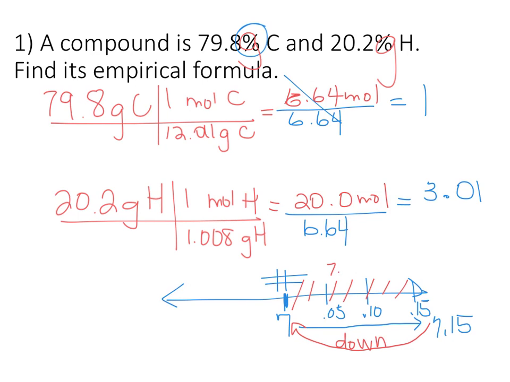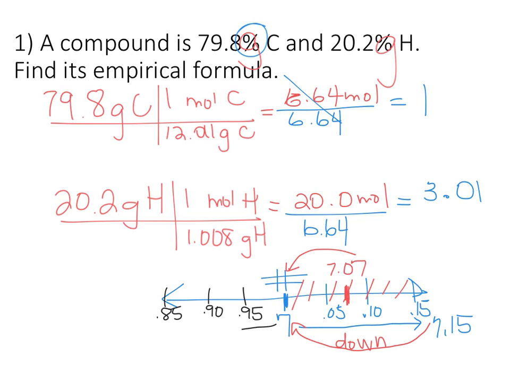If we had 7.07, right about here on the number line, we could round that down to 7 because it's in this range. Same thing on the bottom side. This would be 0.95, 0.90, and 0.85.